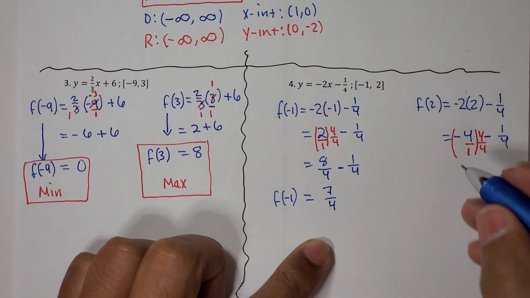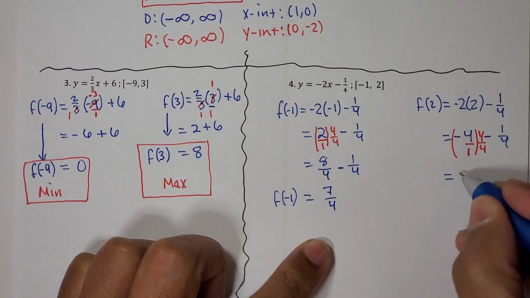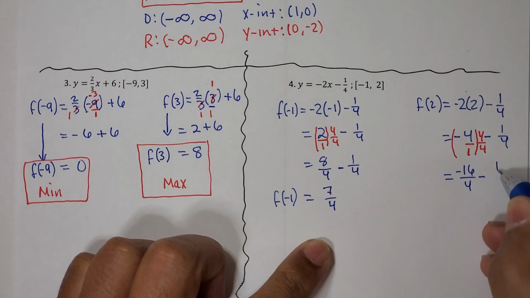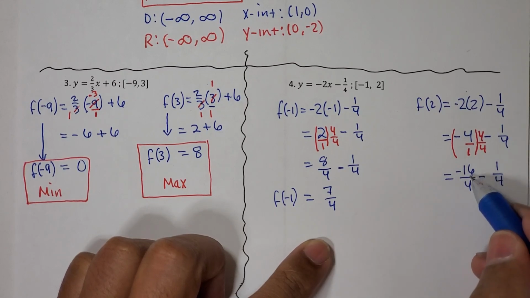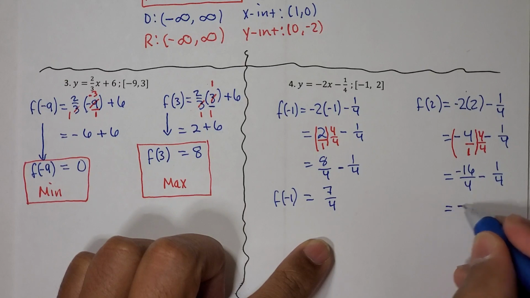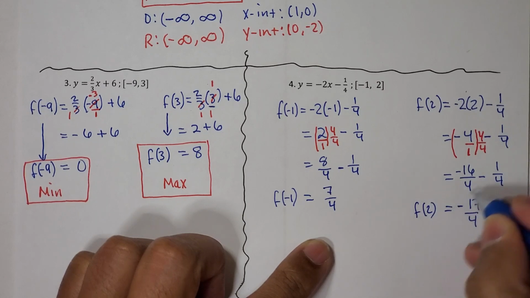So then once we multiply, this becomes -4 times 4 is -16, and 1 times 4 is 4, minus 1/4. Now we have a common denominator, so I'm just going to combine this 16 and this one, but this one is minus, so it will be -17/4. So then f of 2, okay, is equal to that.